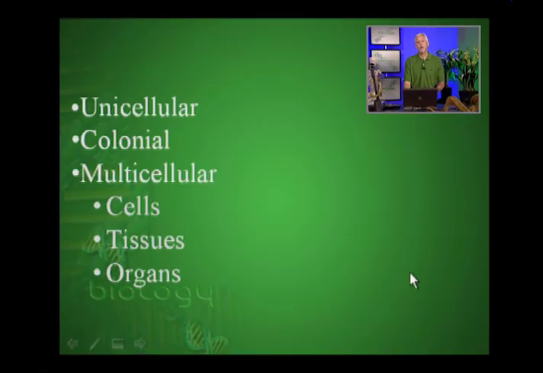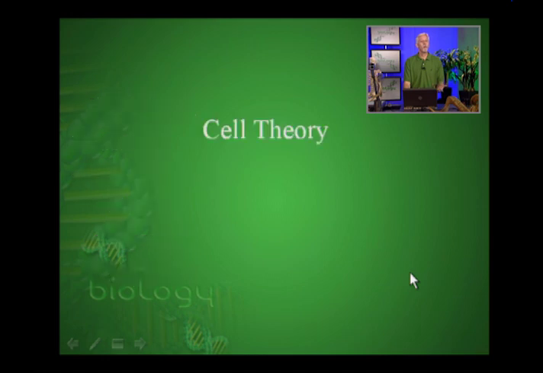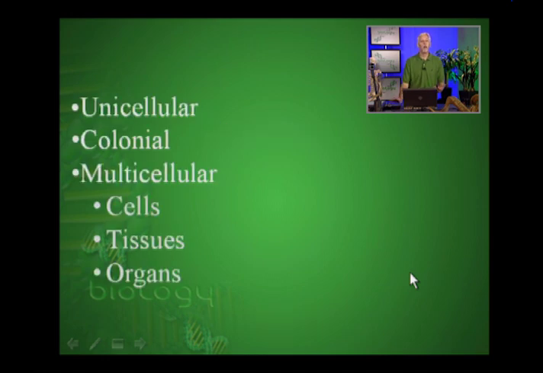Now, very quickly then, when we look at organisms, some are composed of one cell, they're unicellular. Some are loose aggregations of cells, we refer to them as colonial. And still other organisms like you and I are multicellular. So our individual cells can't go off and live by themselves, whereas if you're colonial, you can do that.